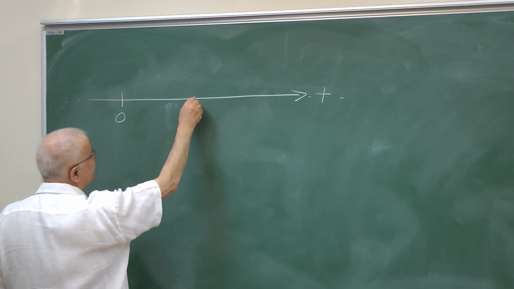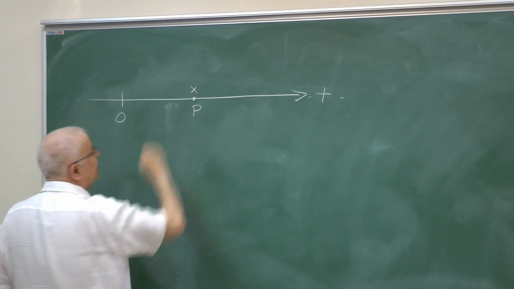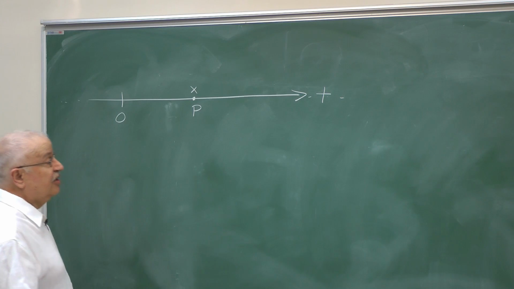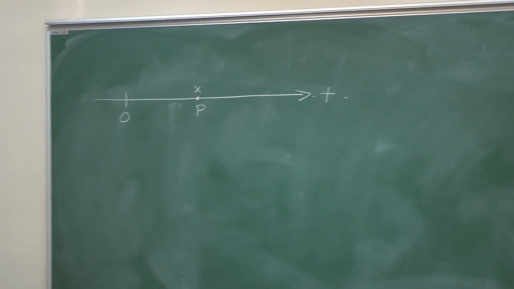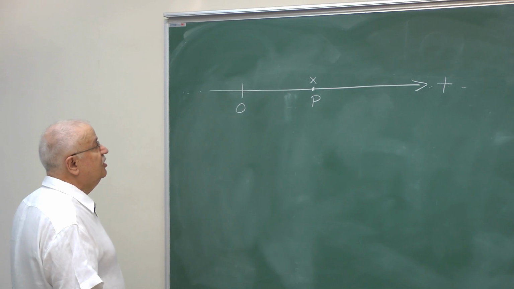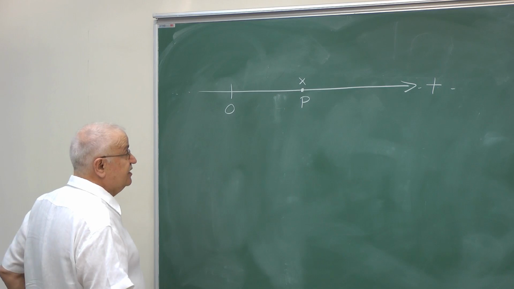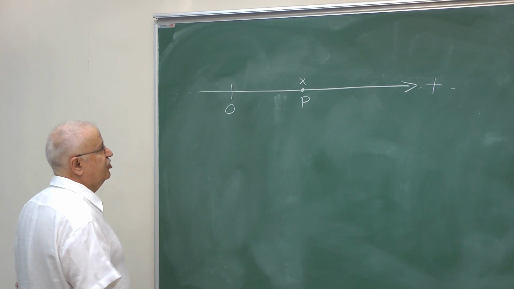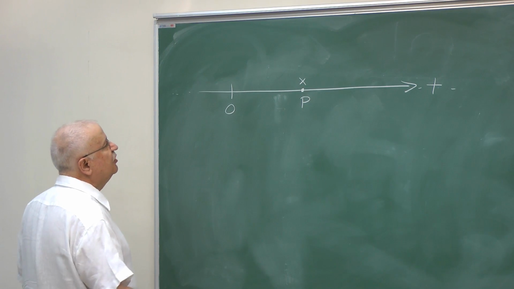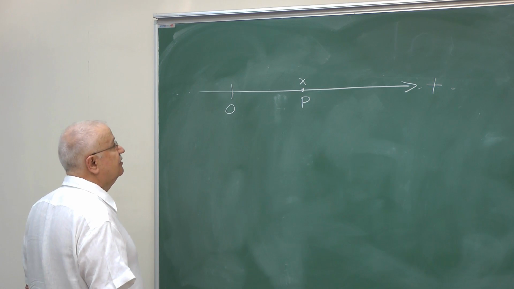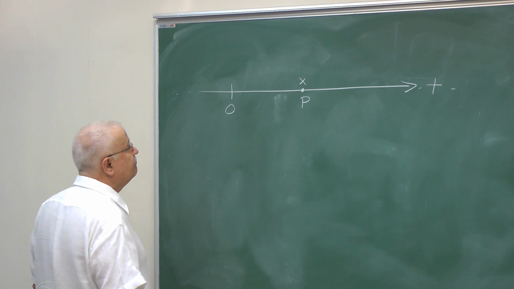So if this distance is x, I may call this point x. Now, we learned all that about linear vector spaces in mathematics, and it's about time we employ linear vector spaces with modern Dirac notation on this very simple real axis and points on a real axis.